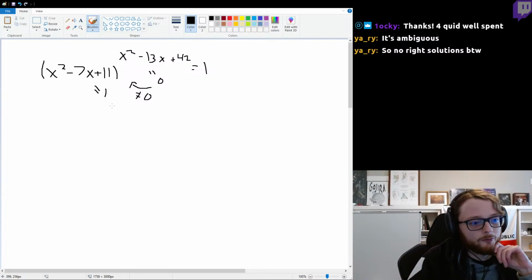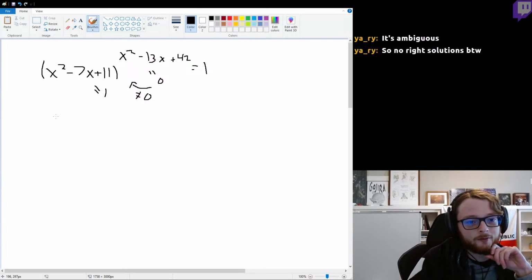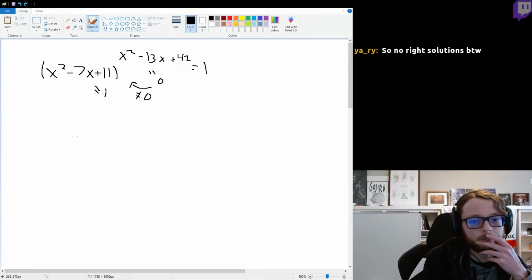It's ambiguous? Why is this ambiguous? Is there a trick here that I'm not seeing? I thought the trick would be the not equal to 0 part. Like you have to check your solutions. Just solve it? All right.